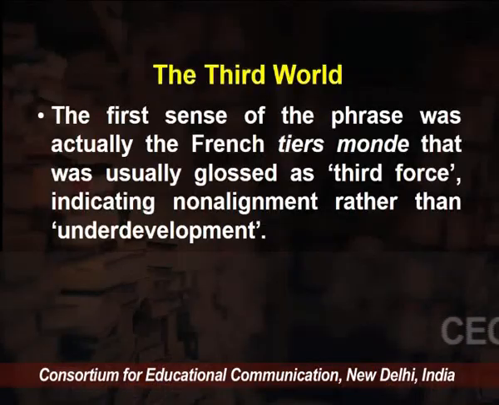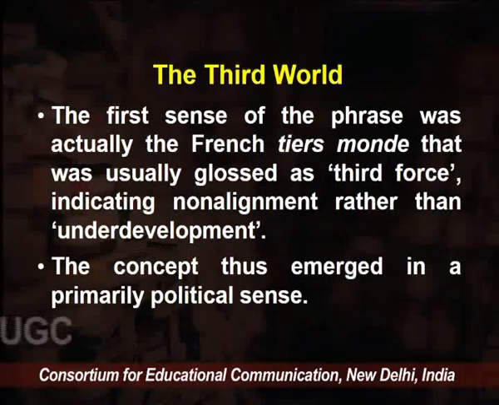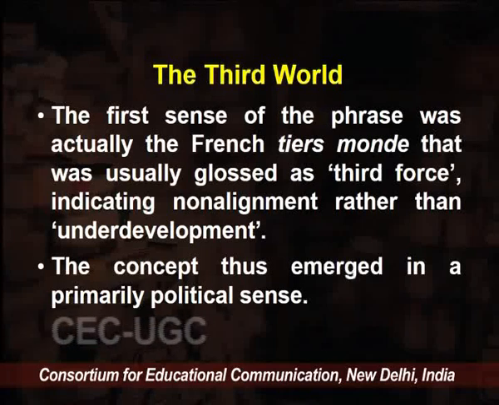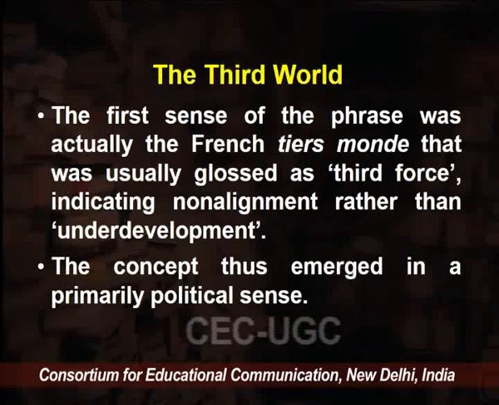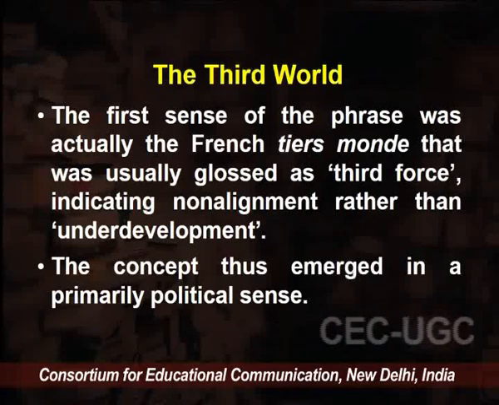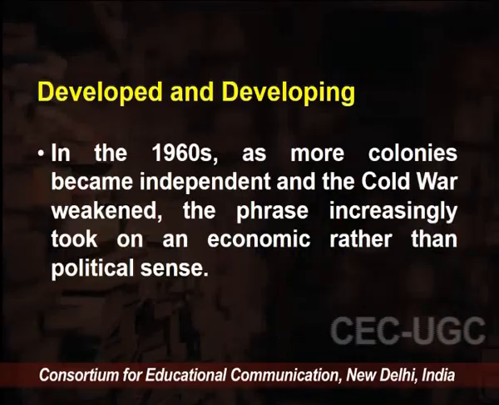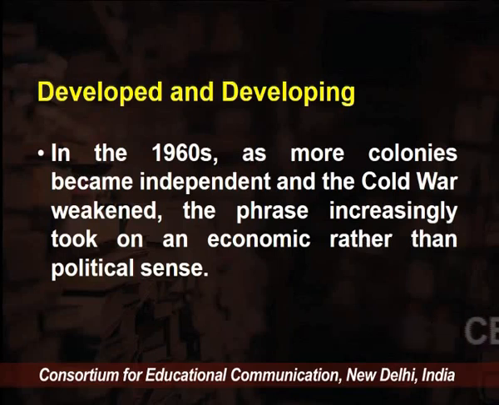The emergence was political, but over a period of time, the meaning of the term third world took on an economic sense. That is what we see when we look into the debates and discourse through the 1960s to 1980s. In the 1960s, a lot of countries became independent and the Cold War weakened.